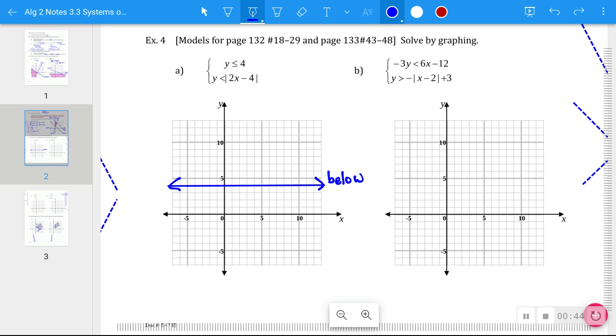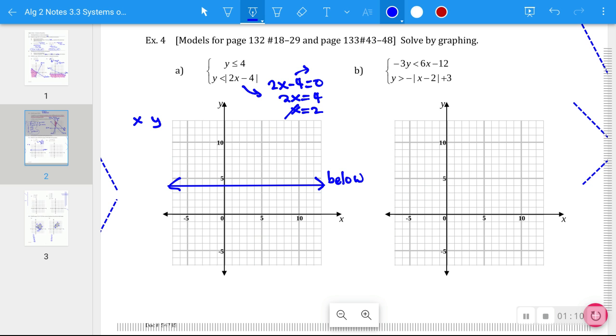Okay, the next one is going to be a V-shaped. You can tell that because there's an absolute value. So the first thing we're going to do is find the vertex. You set 2x minus 4 equal to 0 and solve. And then you're going to put that h value that you just found.